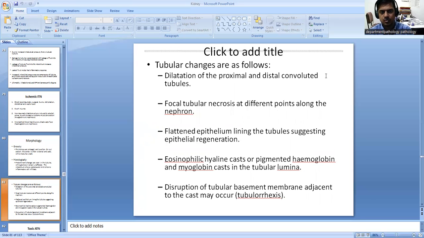Tubular changes are as follows: dilatation of the proximal and distal convoluted tubules, focal tubular necrosis at different points along the nephron, flattened epithelium lining the tubules suggesting epithelial regeneration, eosinophilic hyaline casts or pigmented hemoglobin and myoglobin casts in the tubule. Disruption of the tubular basement membrane adjacent to the cast may occur, known as tubulorrhexis.